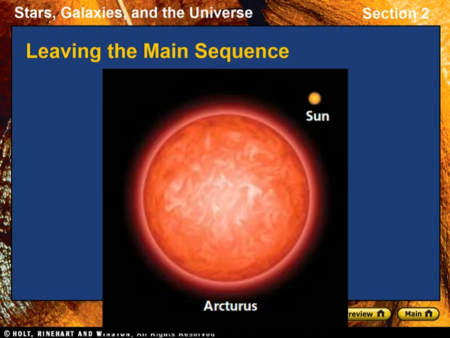Giants, such as the star Arcturus, shown in Figure 5 or on the screen here, are 10 or more times larger than the Sun. Stars that contain about as much mass as the Sun will become giants. As they become larger, more luminous, and cooler, they move off the main sequence. Giant stars are above the main sequence on the HR diagram.